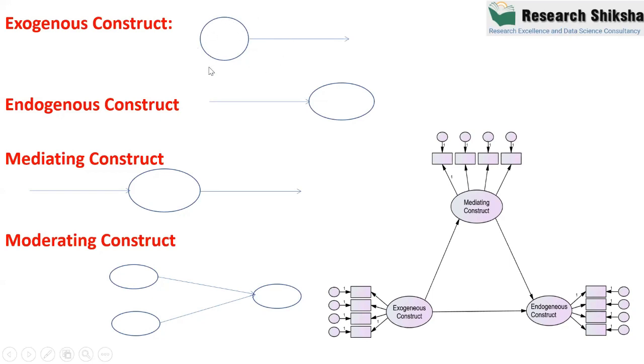So this property is known as exogenous. Exogenous means independent construct. Similarly, the construct where the tip of the arrow joins is known as endogenous construct, and endogenous means dependent construct.